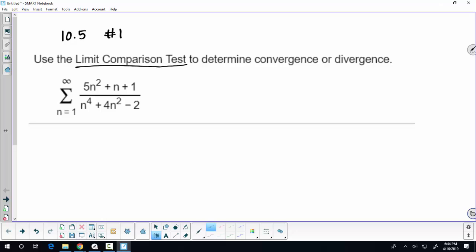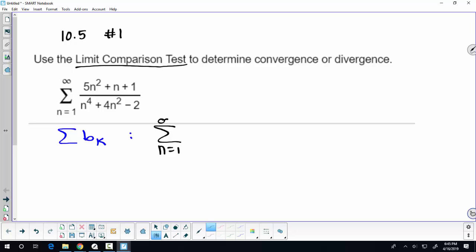Yeah, I had trouble simplifying it and figuring out what you would use for your comparison. Okay, so since this one's a polynomial, I would just choose something that's comparable to it. If I chose the series b sub k to compare to, what would we want to choose that as? So what's comparable to this? 1 over n squared.